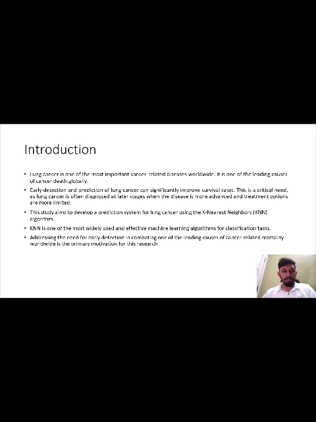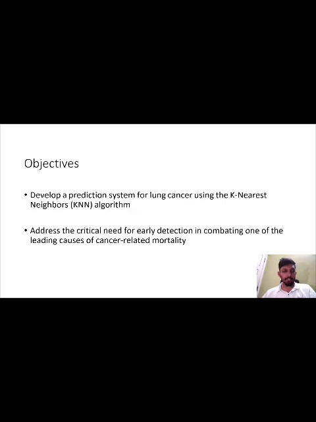The study aims to develop a prediction system for lung cancer using the K nearest neighbors algorithm. KNN is one of the most widely used and effective machine learning algorithms for classification tasks. Addressing the need for early detection in combating one of the leading causes of cancer related mortality worldwide is the primary motivation for the research.